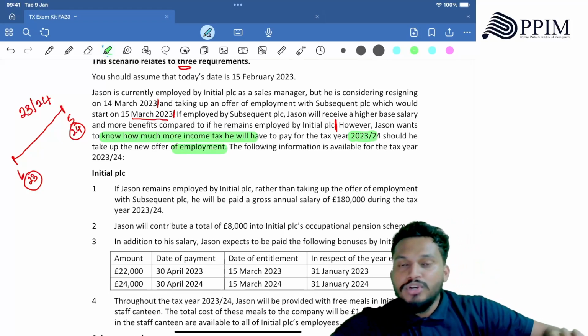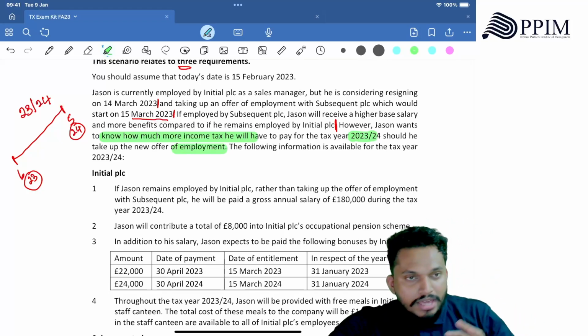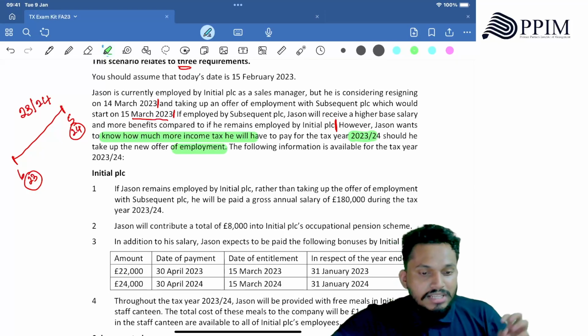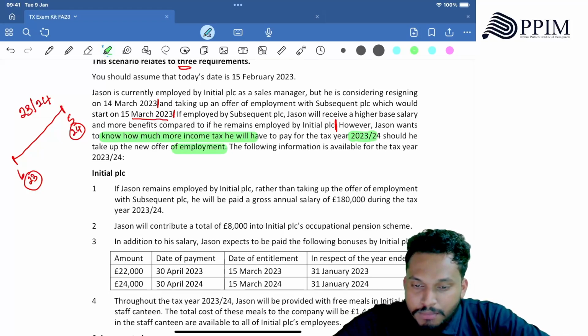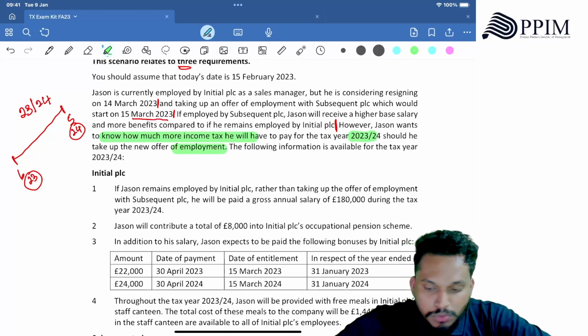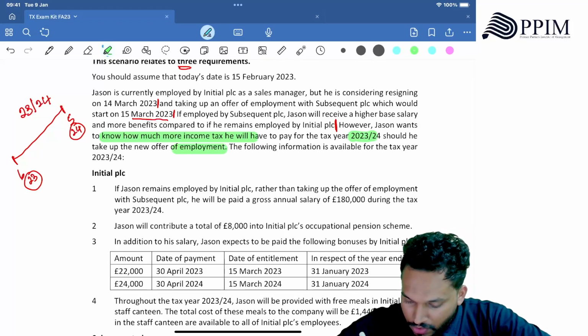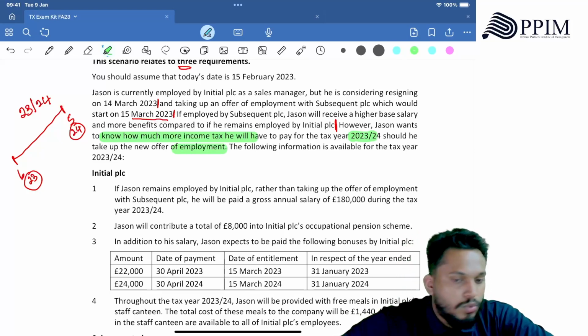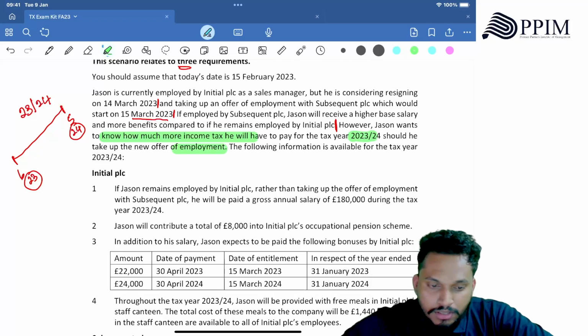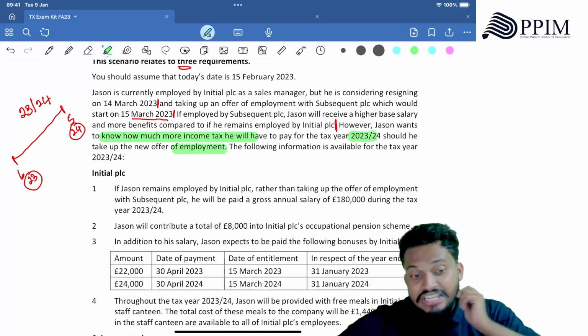So that is why you are going to calculate, okay, what is your employment income here? What is the employment income there? Then the following information is available for the tax year 23-24. Did you understand that? It is 23-24. Fine. Then they have given the details of Initial PLC.